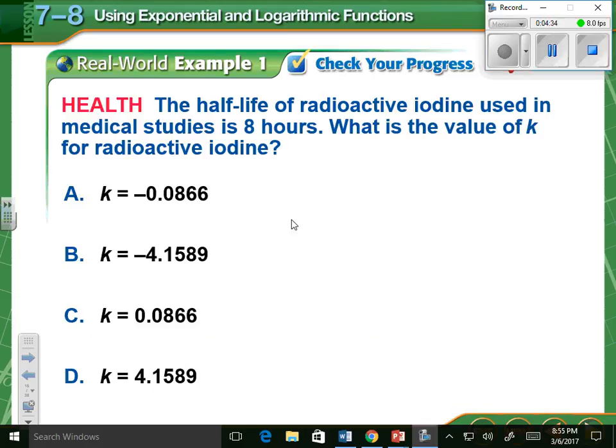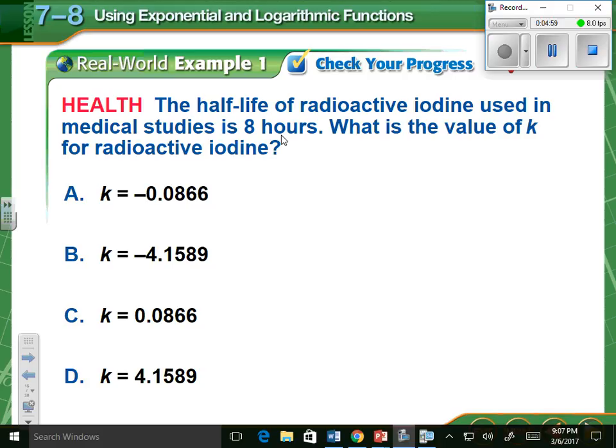So if we set up this one, the half-life of radioactive iodine is 8 hours. What is the value of K for radioactive iodine? Even though the formula says T is the time in years, in this case we can use hours.